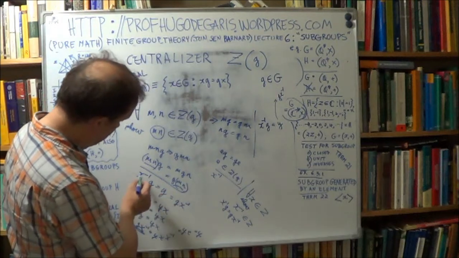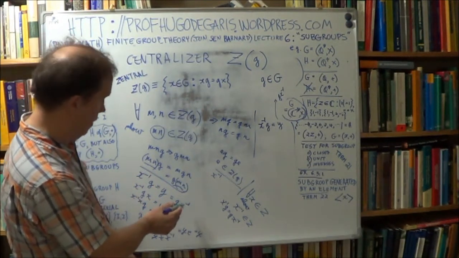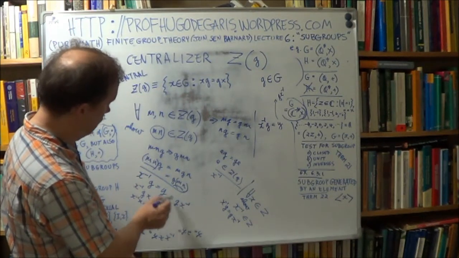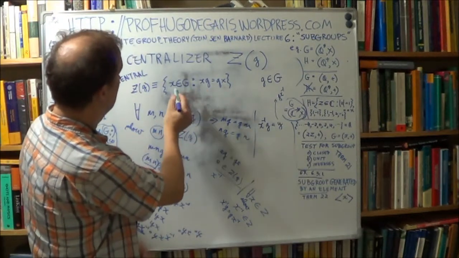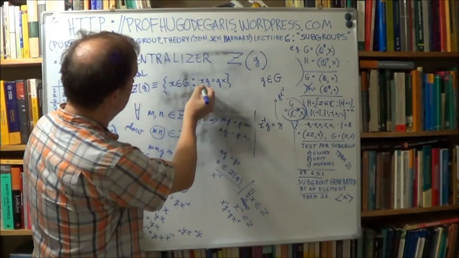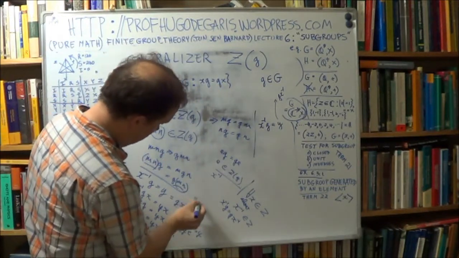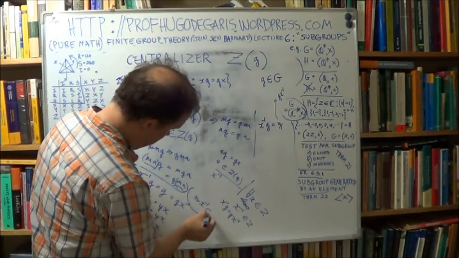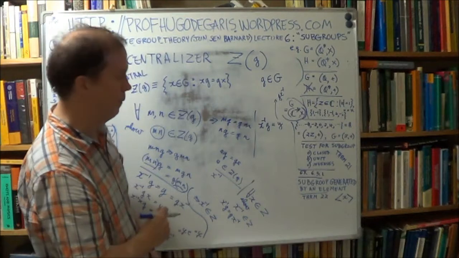Therefore, x inverse g equals g x inverse. So the inverse commutes with g. Therefore x inverse belongs to Z, the centralizer.